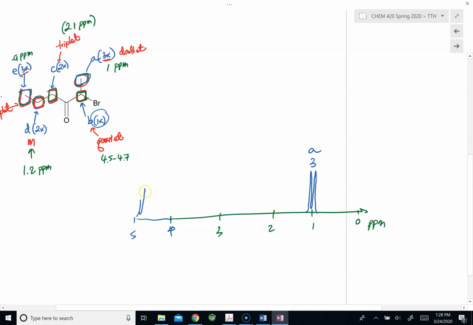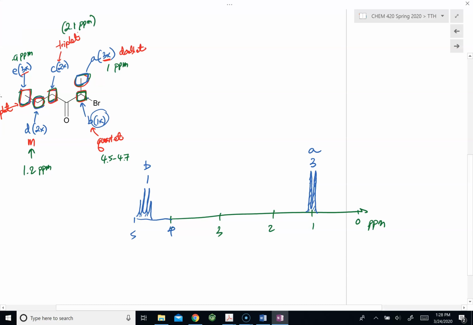A quartet looks as follows. 4 different lines. And overall, this would then have 1 times the intensity. So the area under this signal is 1/3 compared to the area under this curve. And that would then be our signal B.